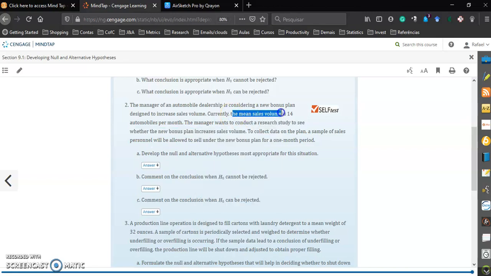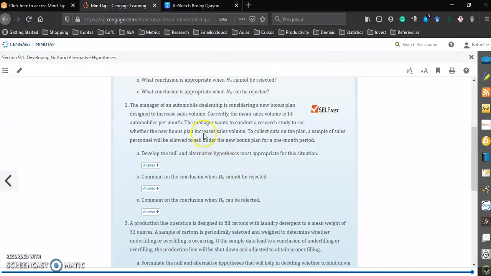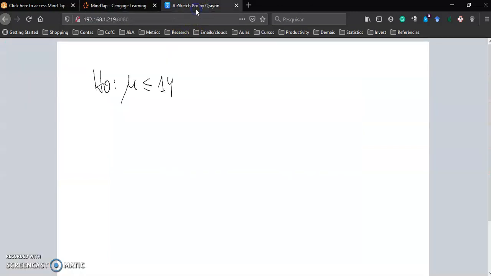Okay, currently the mean sales volume is 14. So let me come here. So the null hypothesis is that the mean is less than or equal to 14. Let's go back. And the manager wants to conduct a research study to see whether the bonus plan increases sales volume. So he wants to conduct it to see. That's the challenge.